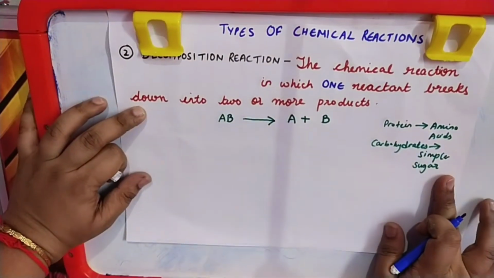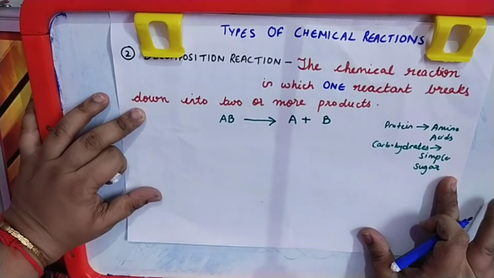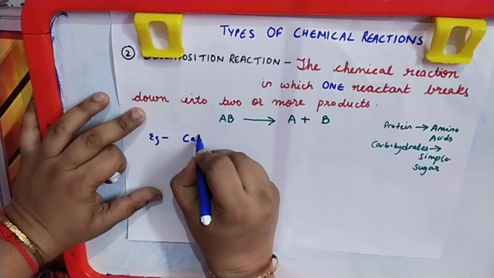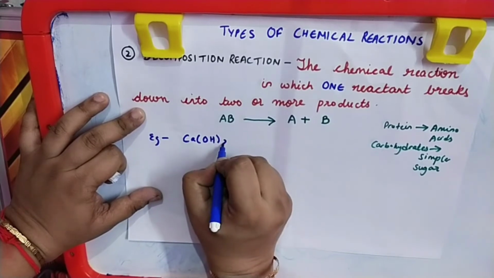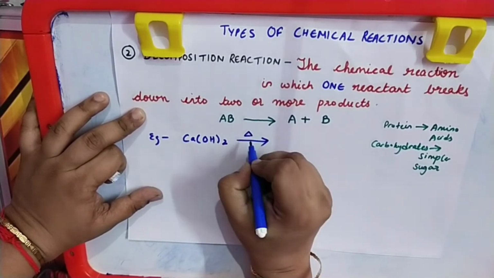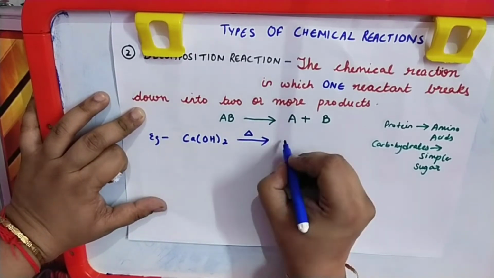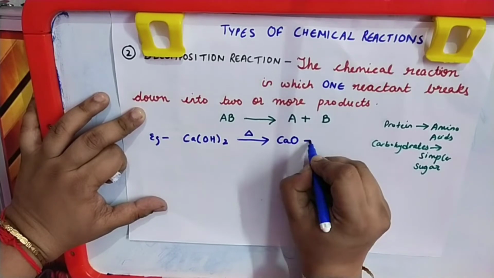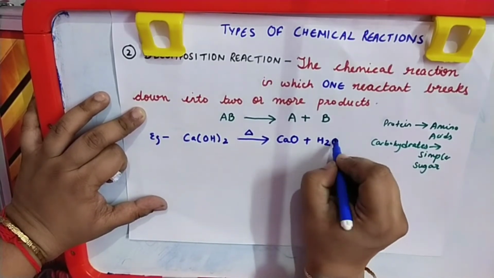Now from the chemistry point of view, we will take an example, say calcium hydroxide. On heating calcium hydroxide, this triangle is the sign of heat, it breaks down into calcium oxide and water.